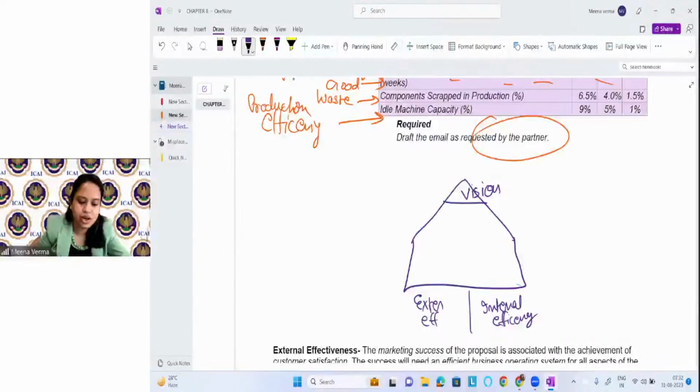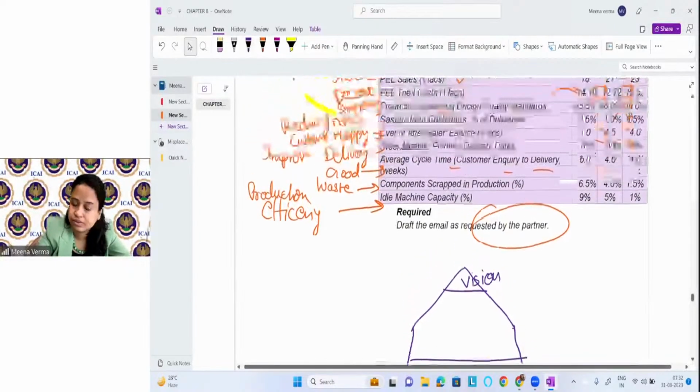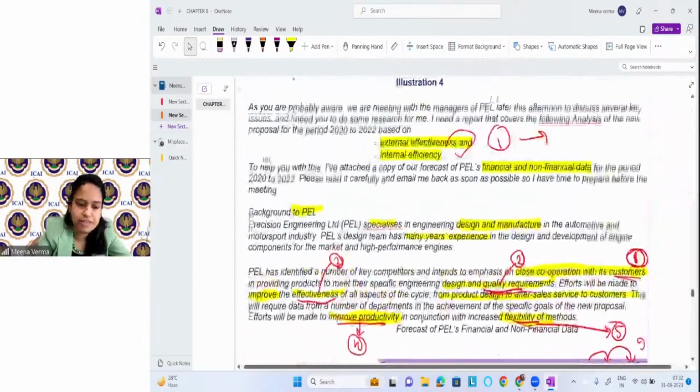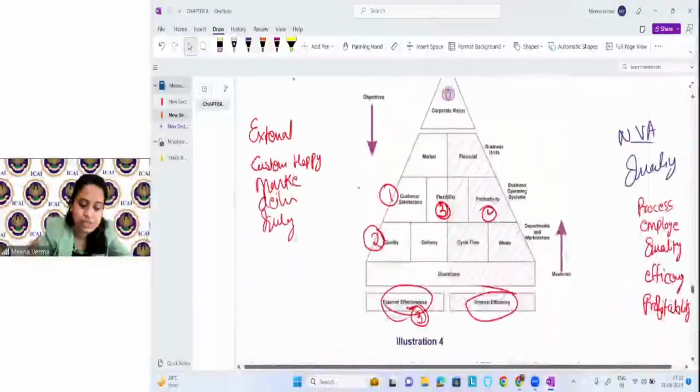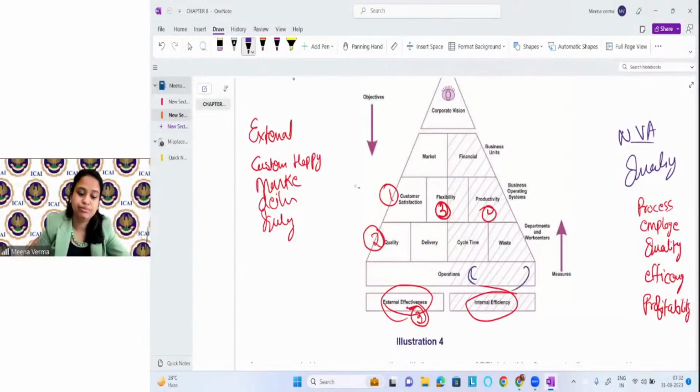Okay. Acha. How will you find the external effectiveness and internal efficiency? You will see that the company's operation is improved, right? Business operation, write a line about this, that the business operation is improved. The company is providing the quality product.